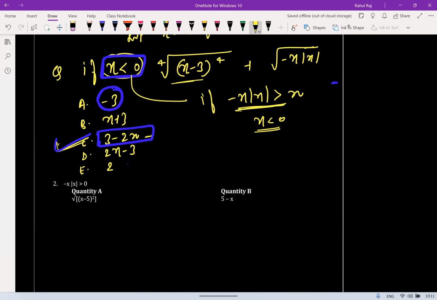Minus x times mod x is a negative value, right? This is how a question will become tough. But minus x mod x greater than x means x is negative. So you are not supposed to go mad by looking at the expressions in mod. You just have to chill and understand when the condition is possible. That's it.